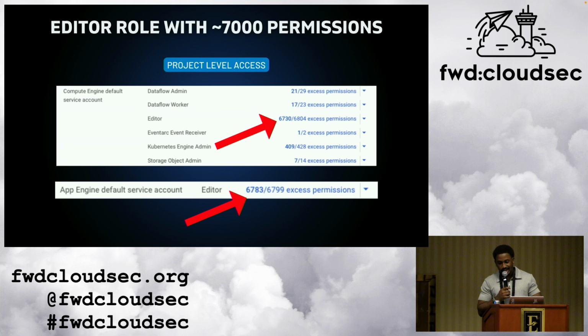Now, the default service account comes with almost 7,000 permissions that give them access to various resources at the project level, and it makes it highly permissive. So whether it's the App Engine default service account or the Compute Engine service account, you can expect that these service accounts come naturally with a lot of permissions.